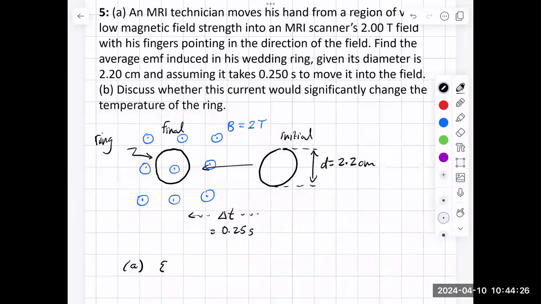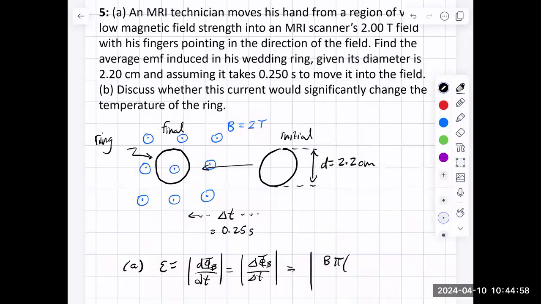Okay, so the average EMF is gonna be the change in flux divided by the change in time. So we'll do a similar calculation to what we did in our last problem. We have to take the final magnetic flux and subtract the initial magnetic flux. The final magnetic flux is just, a ring is a single loop, so n equals 1, and then we have the magnetic field times the area.